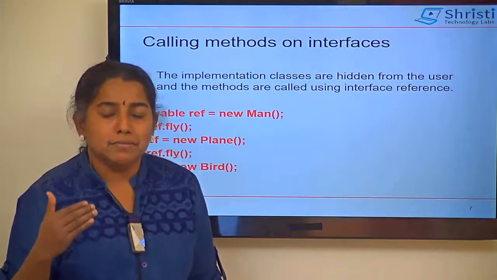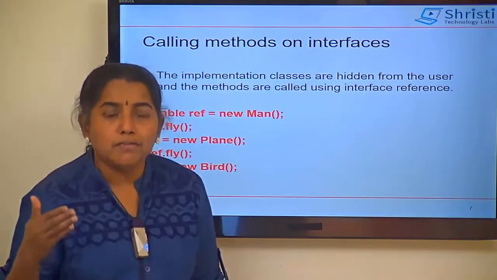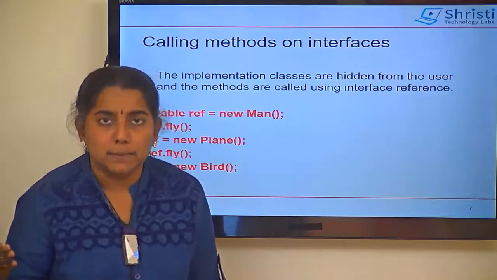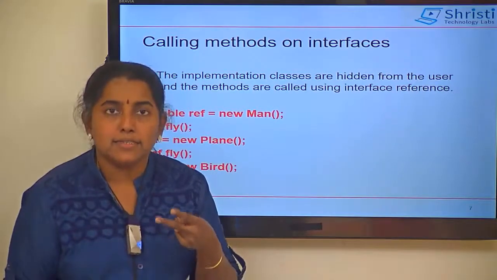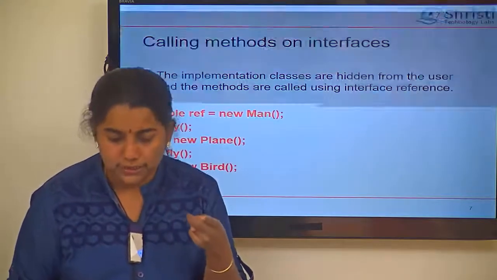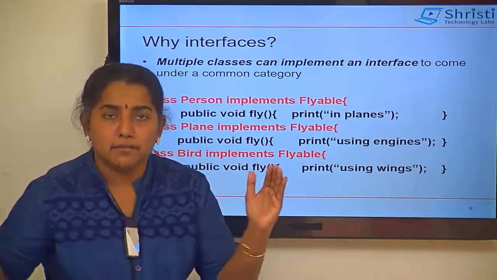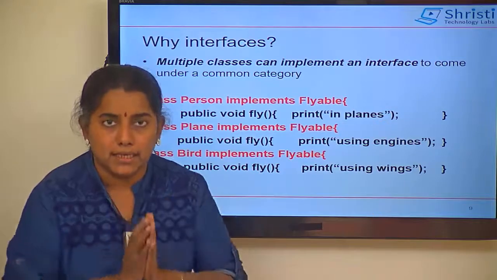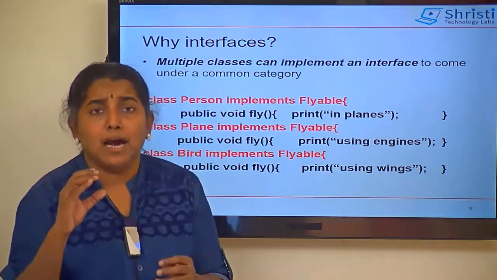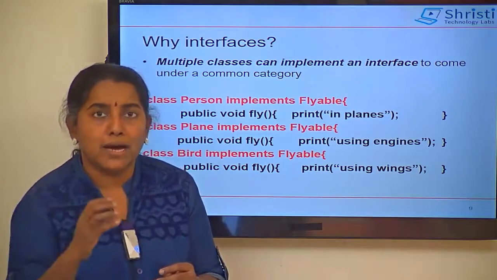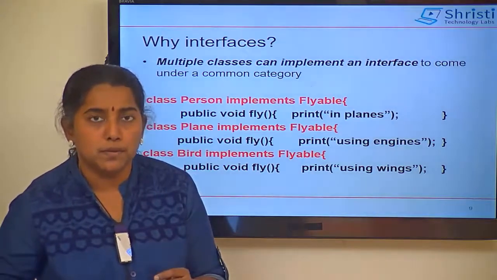Now let us deep dive again into why we are going in for interfaces. There are two main reasons why we need to go in for an interface. The first one is when I want to group different types of classes under a common category. Say for example, you are a member of different WhatsApp groups.